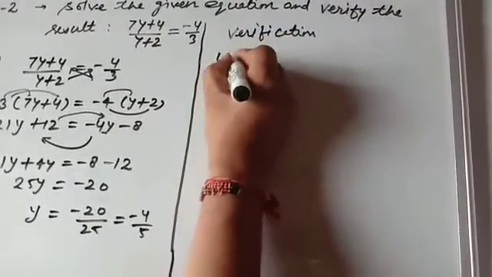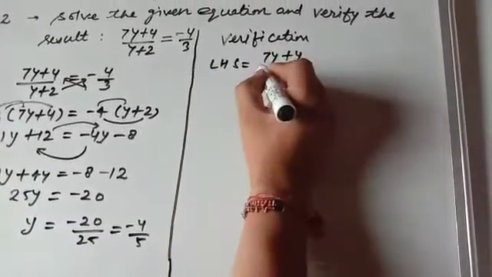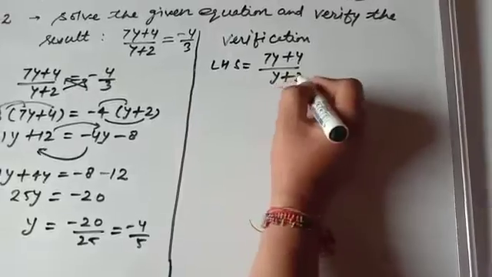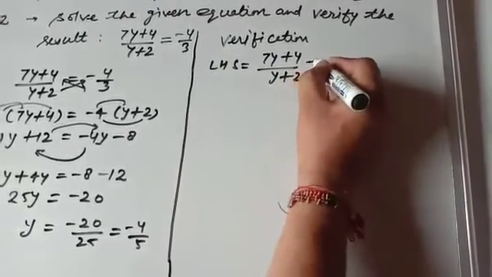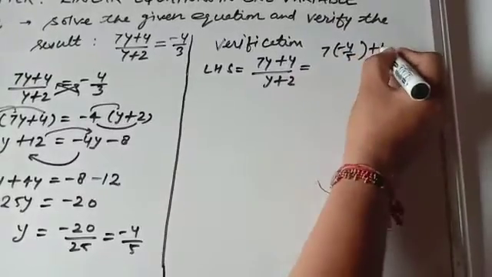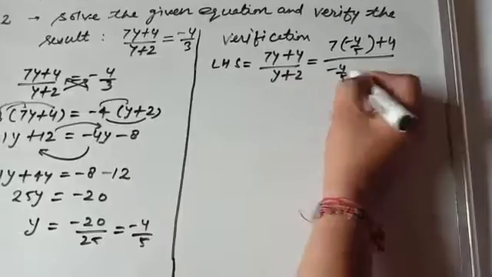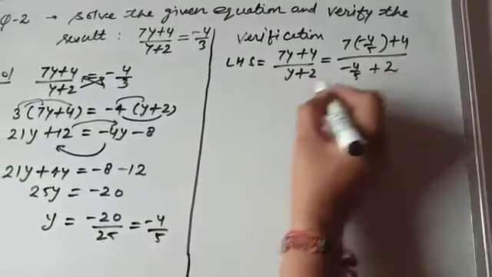we will take the left hand side, that is equal to 7y plus 4 upon y plus 2. Now we will put the value of y, that is minus 4 upon 5, and in the denominator also we will put the value, that is minus 4 upon 5 plus 2.